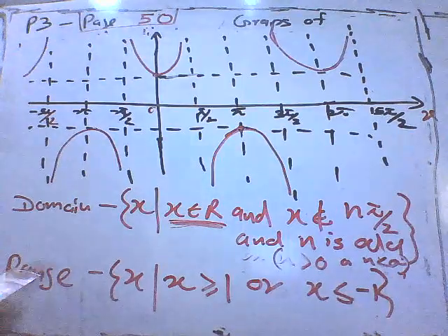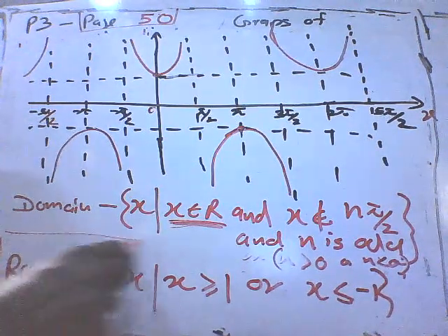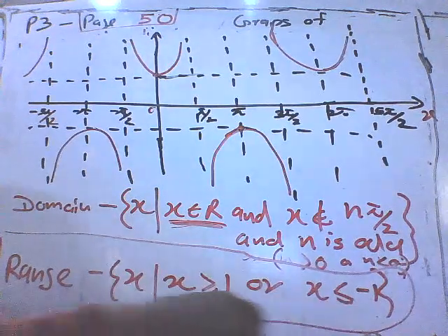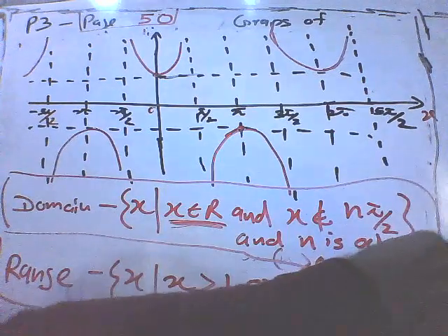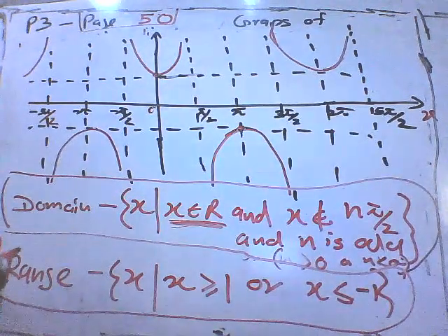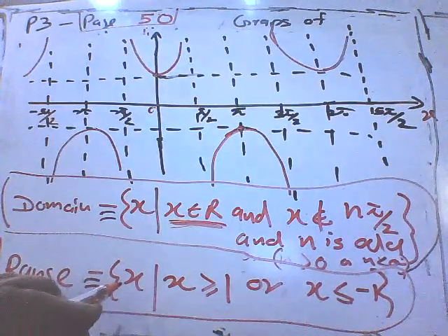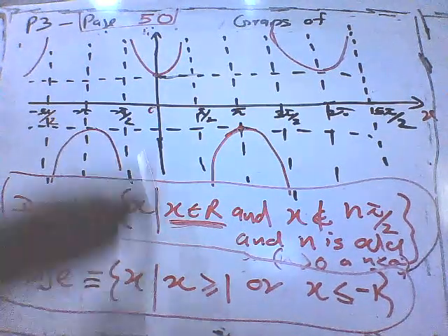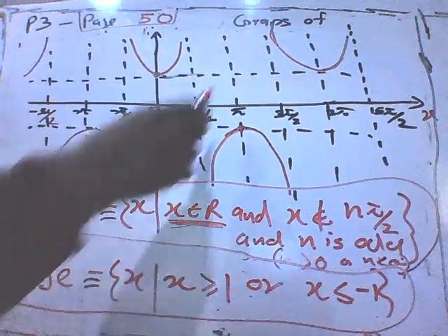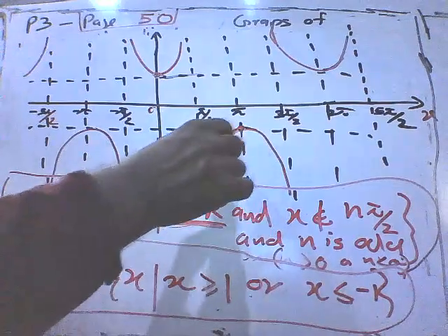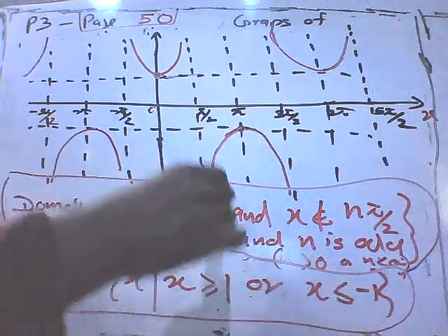And now, actually the notation in the book says y and this one, but my way of putting a set for the domain and the image, the range, would be our normal notation of a set. So the range would be x is greater than or equal to 1, or x is less than or equal to -1.